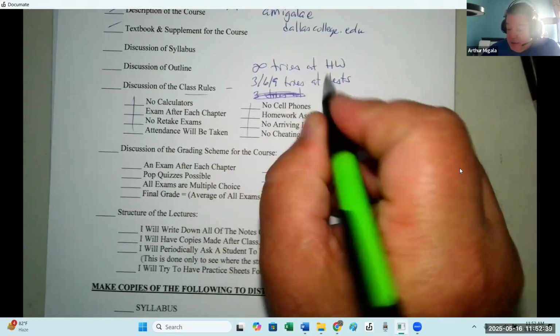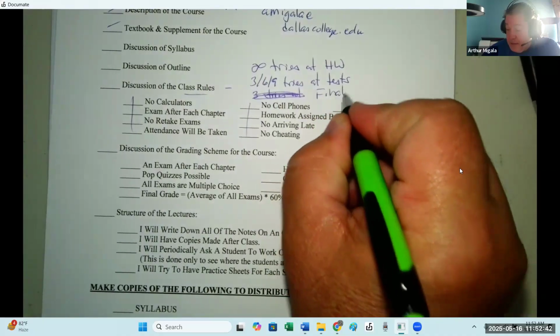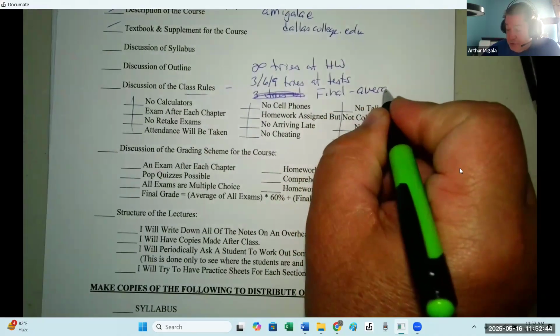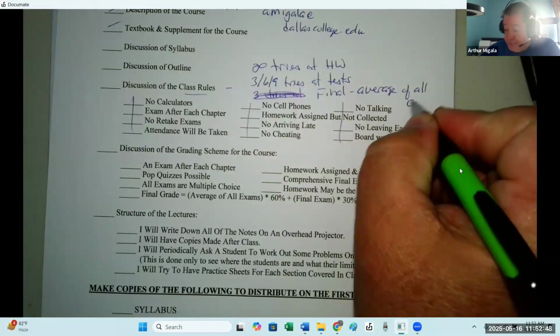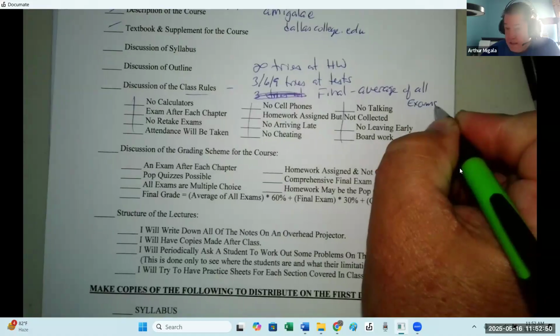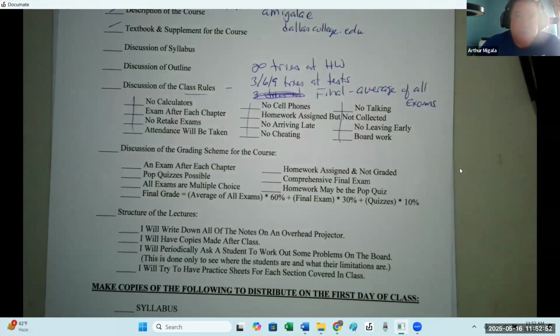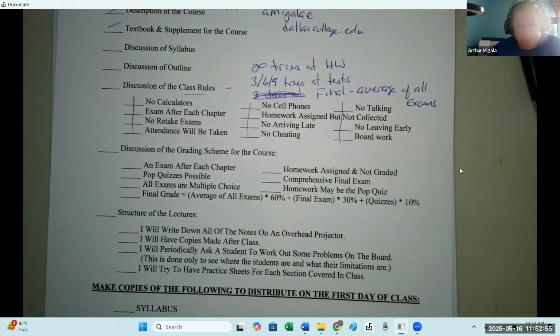There is no final; the final is the average of all exams. By all exams I mean chapter exams, just the best ones you finish up with.